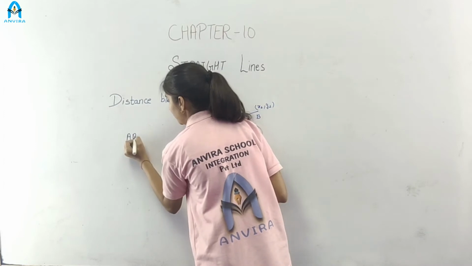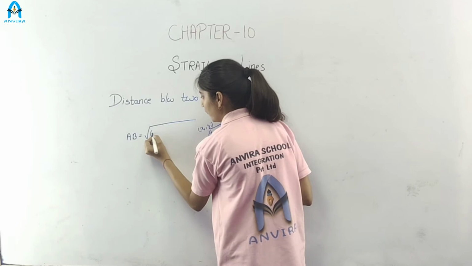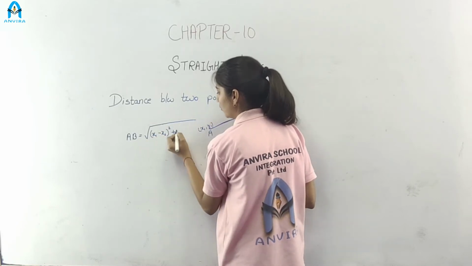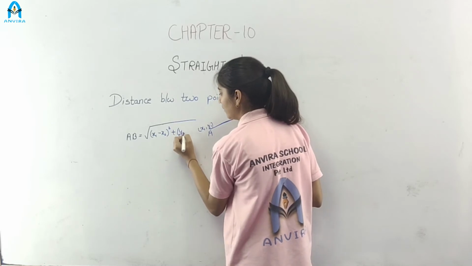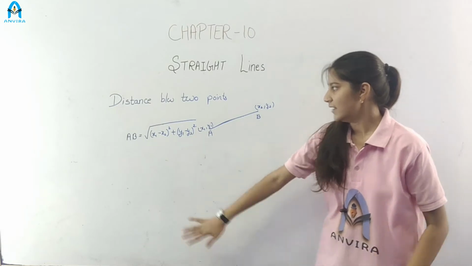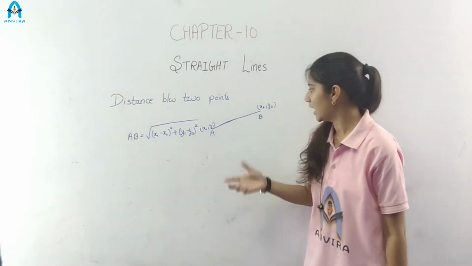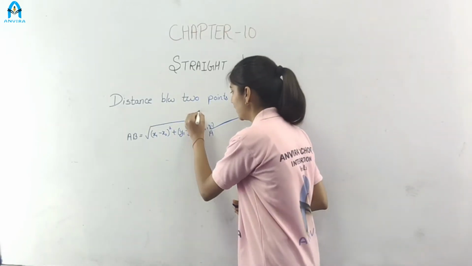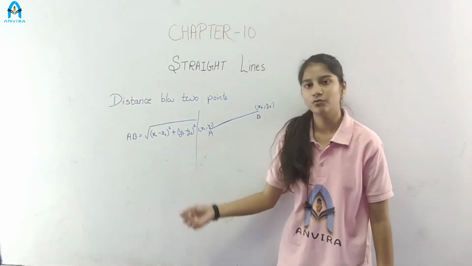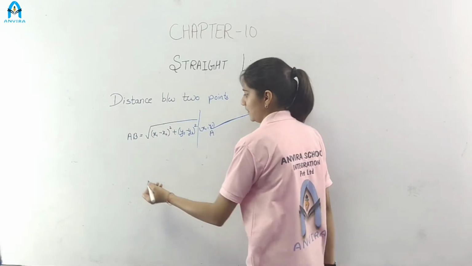For AB, we have the formula: under root of (x1 minus x2) whole square plus (y1 minus y2) whole square. Now, let us take an example.